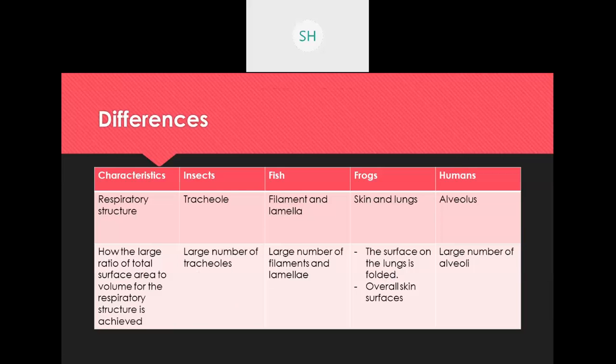The overall skin surface of the frog is also large. And for humans, a large number of alveoli will increase the total surface area to volume. When the total surface area to volume is increased, it will facilitate the diffusion of the respiratory gases.